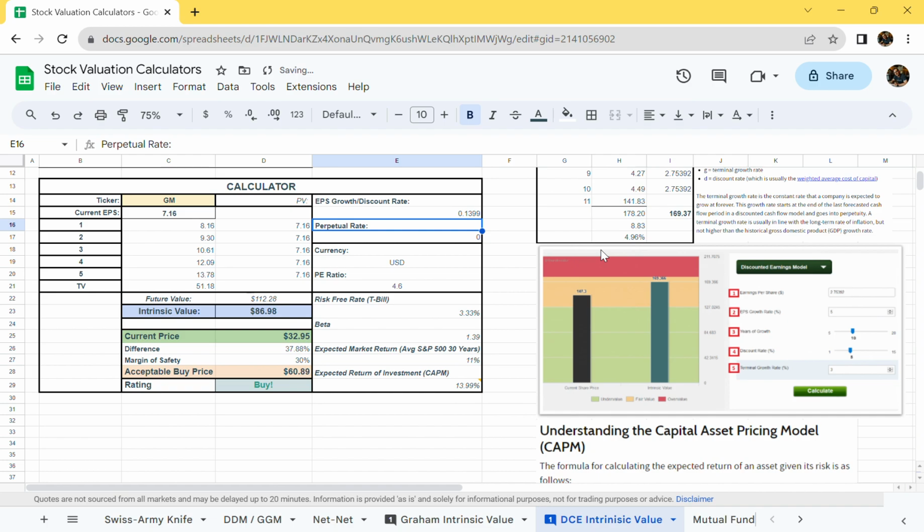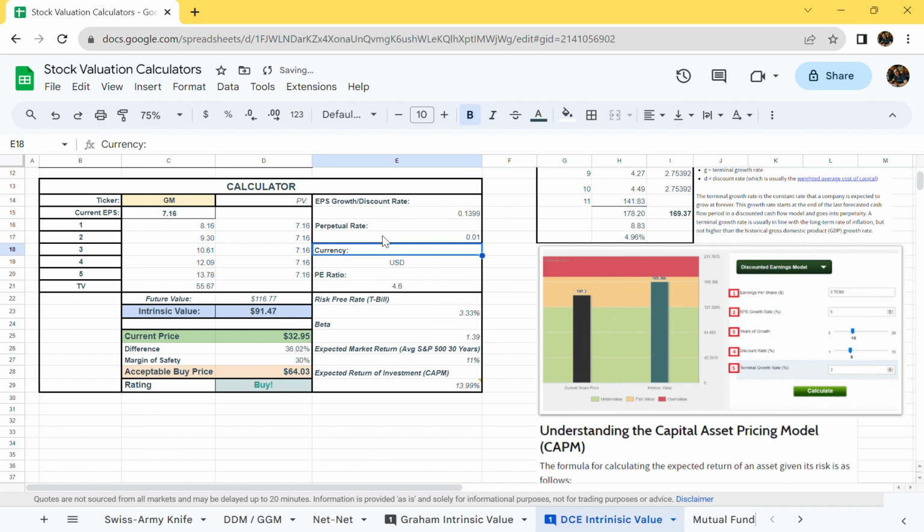That's what it's got to get. Say our perpetual growth rate, let's say GDP averages around 0.02. I think it's closer to maybe 3, but it fluctuates. Then our intrinsic value is going to be 96.71. Of course, the lower our perpetual rate, the lower the intrinsic value.